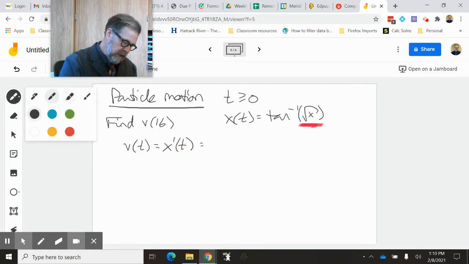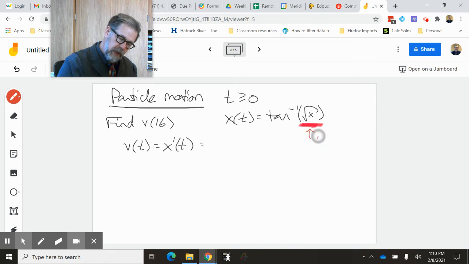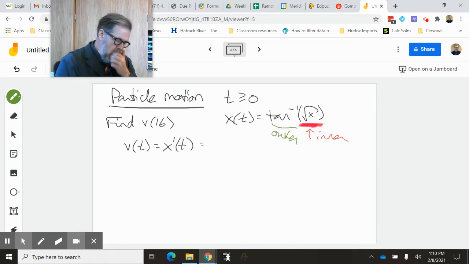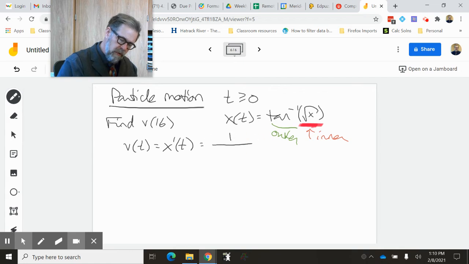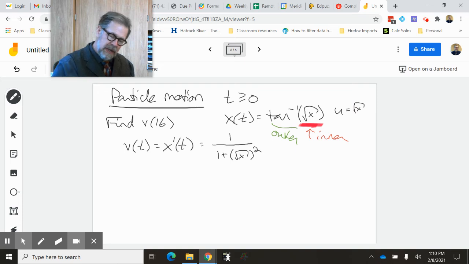We know that this is the inner and that therefore this is the outer. So we have the derivative of the outer, which is 1 over 1 plus x squared, but in this case, u squared, where u is equal to the square root of x, times the derivative of u.